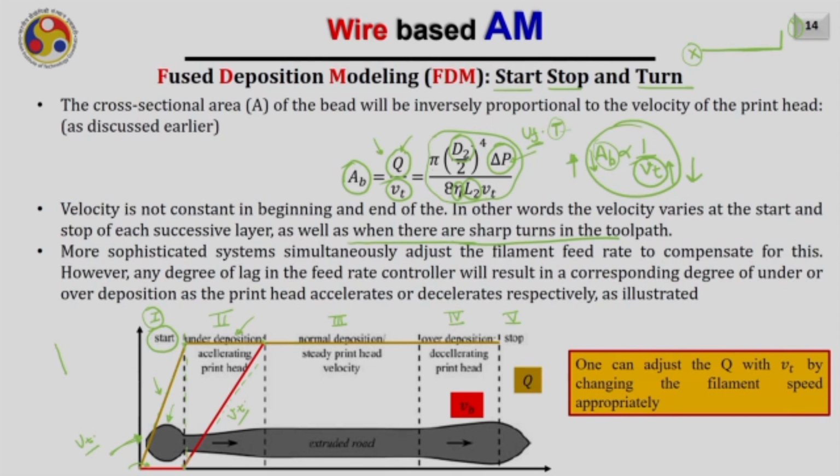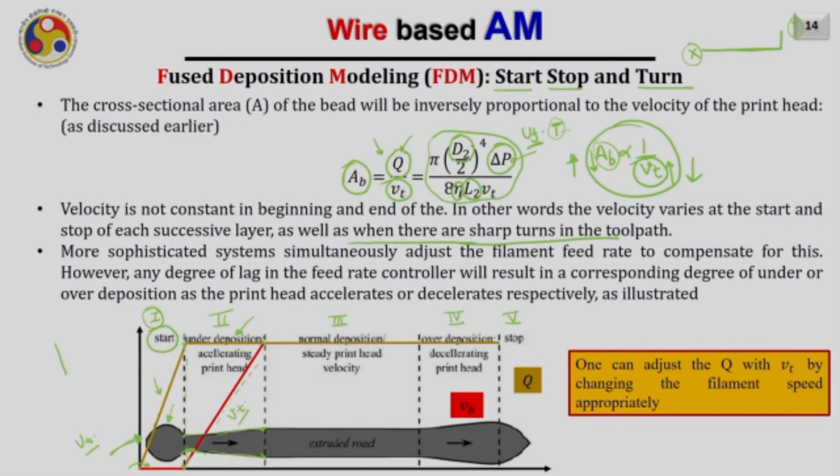As the velocity is increasing, first a necking will occur, meaning less cross section of the bead, and then finally it will increase to the stable condition. So slowly the velocity will increase and it will take the final shape. But as there is a finite velocity in the beginning, suddenly a necking will occur.